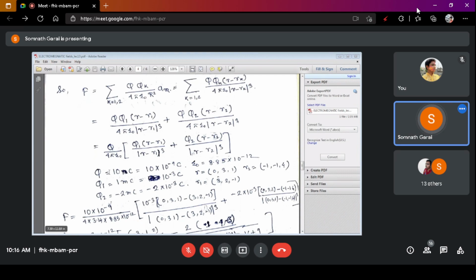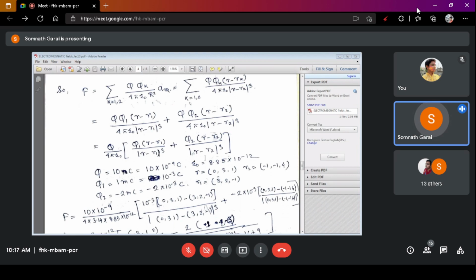Now our value of Q, the reference charge, is 10 nanocoulomb, that is 10 into 10 to the power minus 9 coulomb. Q1 is 1 microcoulomb, that is 10 to the power minus 3 coulomb, and Q2 is minus 2 millicoulomb, that is minus 2 into 10 to the power minus 3 coulomb. The value of epsilon is 8.85 into 10 to the power minus 12.